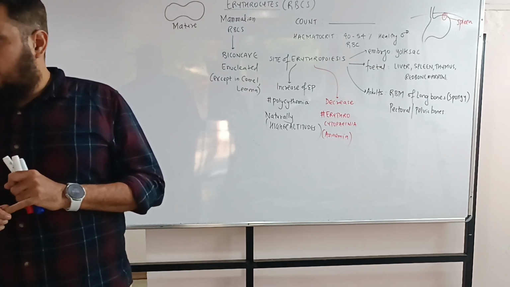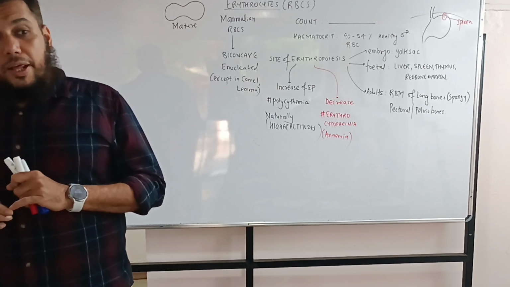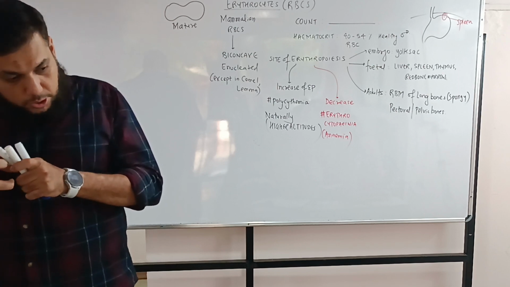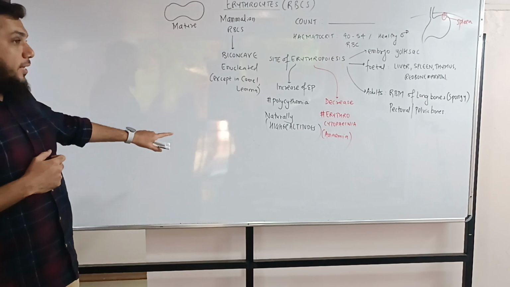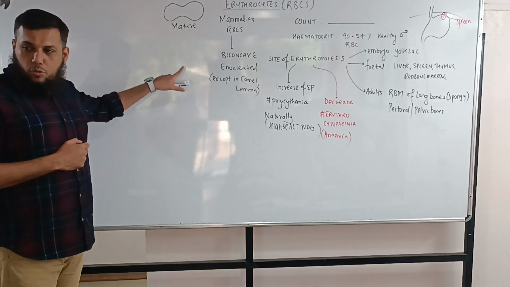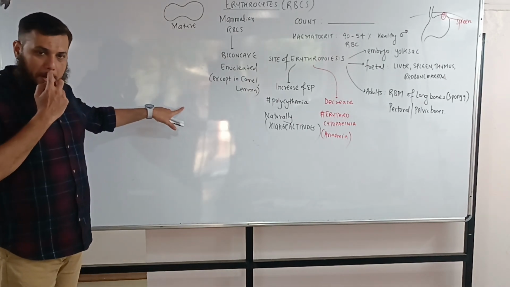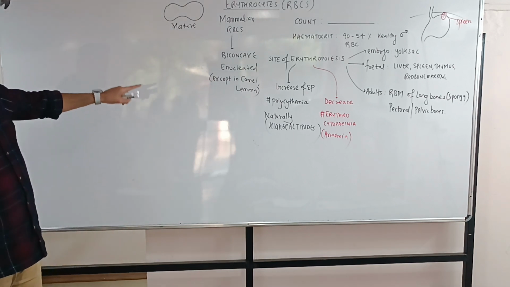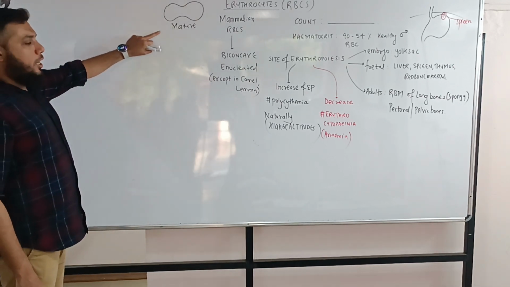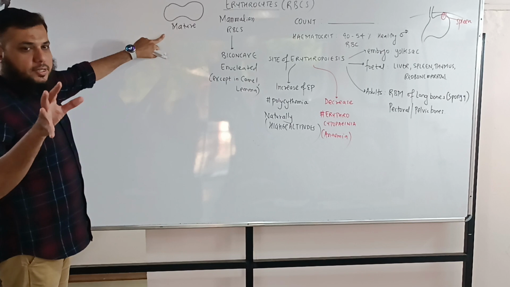RBCs once upon a time had a nucleus when they were young. Then the nucleus was removed at one of the stages that I had mentioned. This is why I told you all this: remember these small things. Got it everybody?